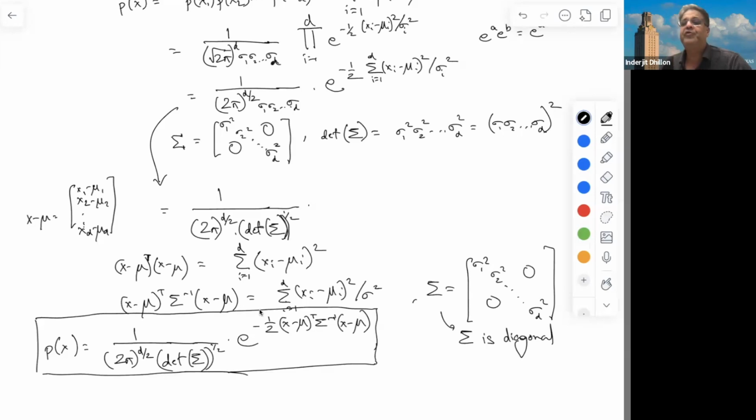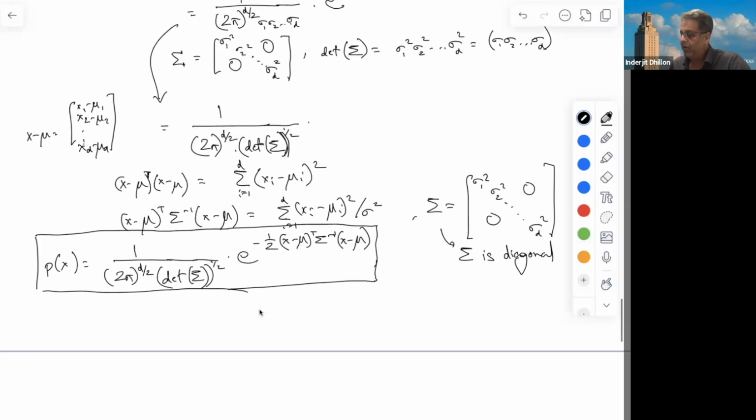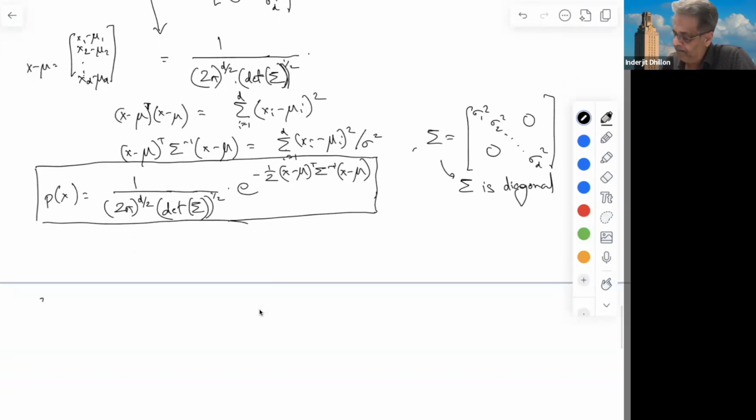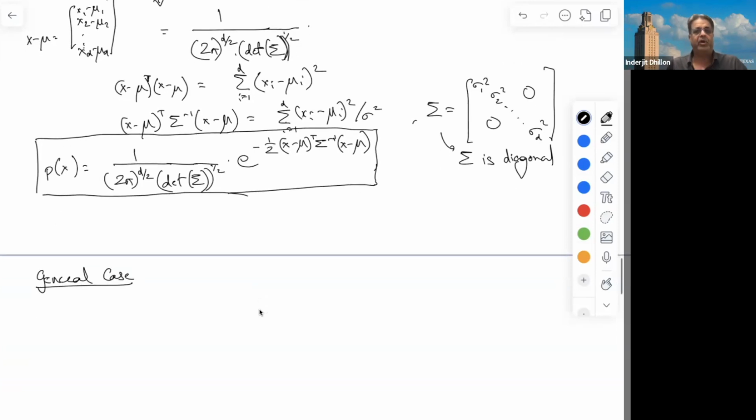I just wanted to show you that in the case of independence, I can write it like this. Now let's look at the general case. In the general case, I'm not assuming that the xi's are independent. So I have x belonging to R^d, and I have a multivariate Gaussian distribution.